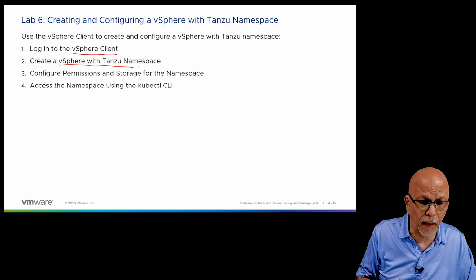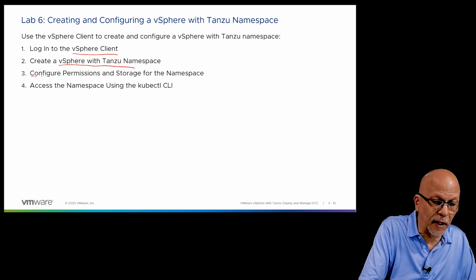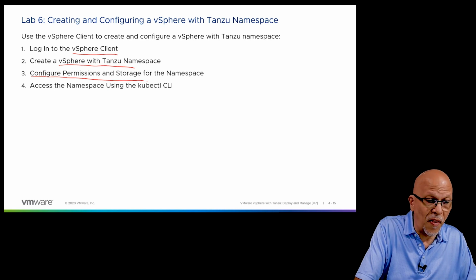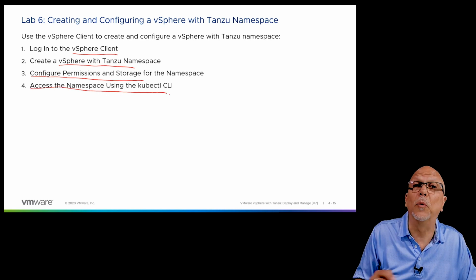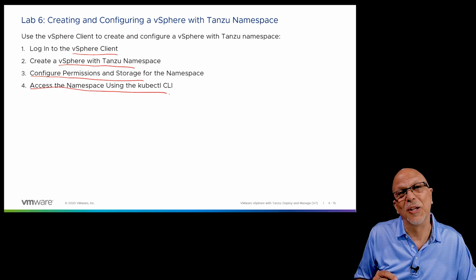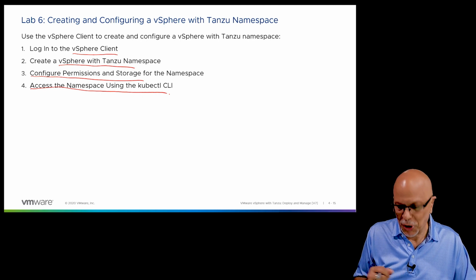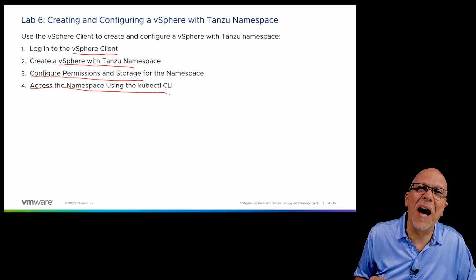Again, the steps are in your lab guide. We're going to configure permissions and storage on that namespace. Then we're going to log in with our kubectl command, run some commands, and show you what you could see there. So let's get started on the lab, and I'll see you in the next module, where we'll be talking about a very exciting thing, more details about the pod service.